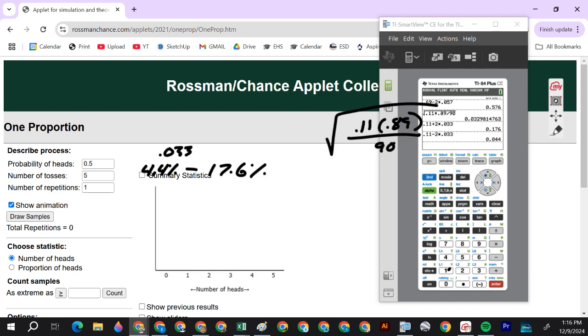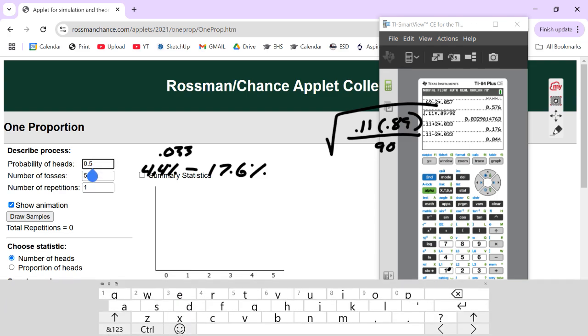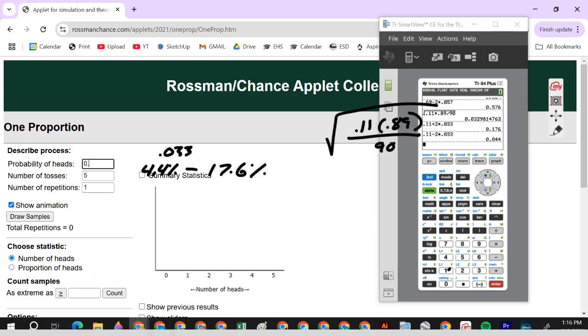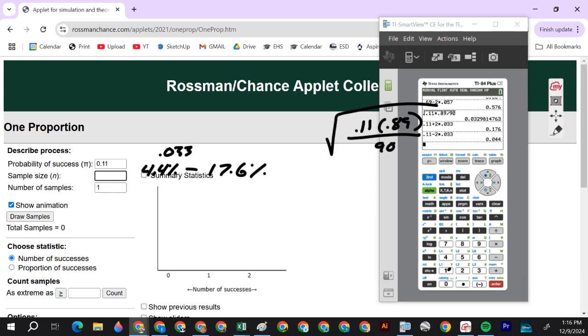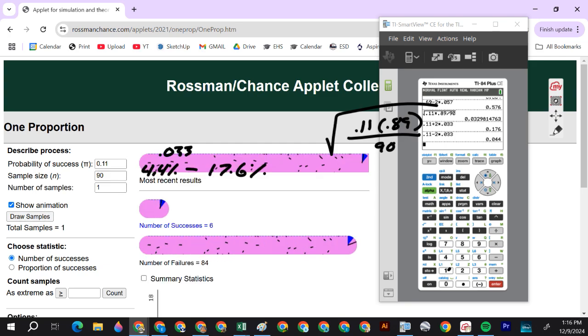Well, what do we put in as our probability of heads? 11%. How many kids are we going to talk to? 90. And we don't want to do 40 samples all at once, because you need to know the individual result from each sample. So I'm going to leave this at 1, and I'm going to click Draw Sample.